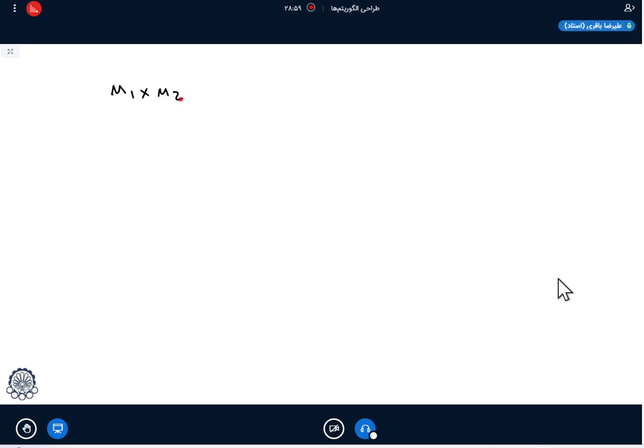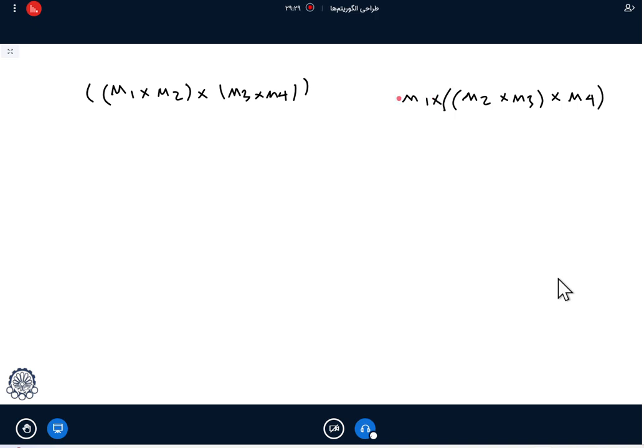If we do it in this way, and if we do it in another way, we're going to compute the number of multiplications in these two different parentheses.